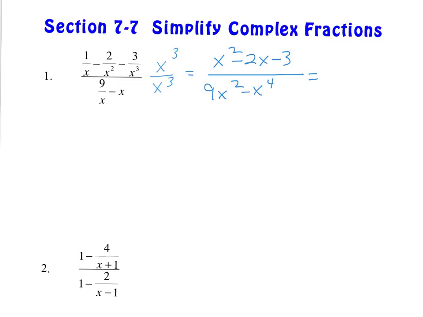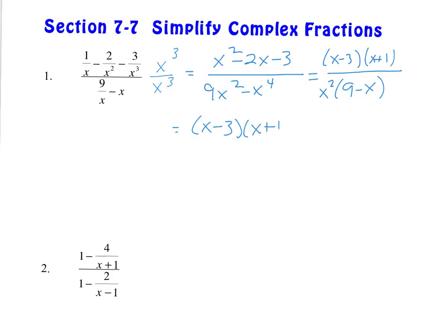So I can factor the top into x minus 3, x plus 1, and the bottom into x squared times 9 minus x squared, which is going to give me x minus 3, x plus 1 on the top, and x squared times 3 minus x, 3 plus x on the bottom.